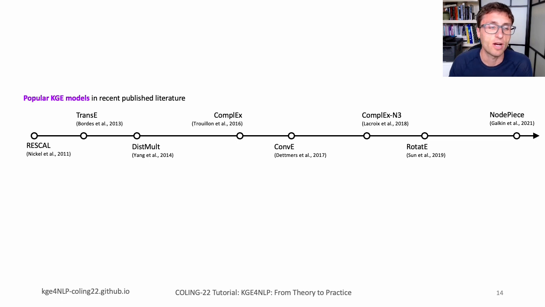To give you a rough understanding of where we are with the literature, I put the most significant works on a timeline. You'll see that we started a few years back with a model called RESCAL, and then we moved all the way down to a few months back when this method was published. We have a couple of important methods that are quite well adopted, not only in academia but also in industry, and we'll see how they work in a minute.